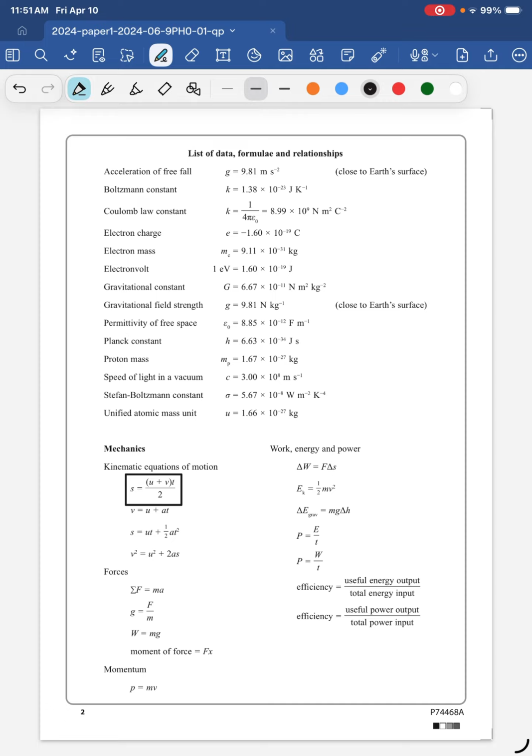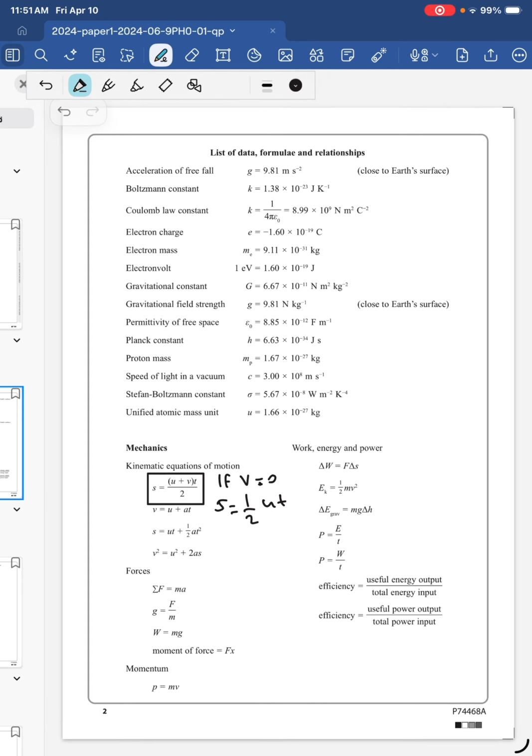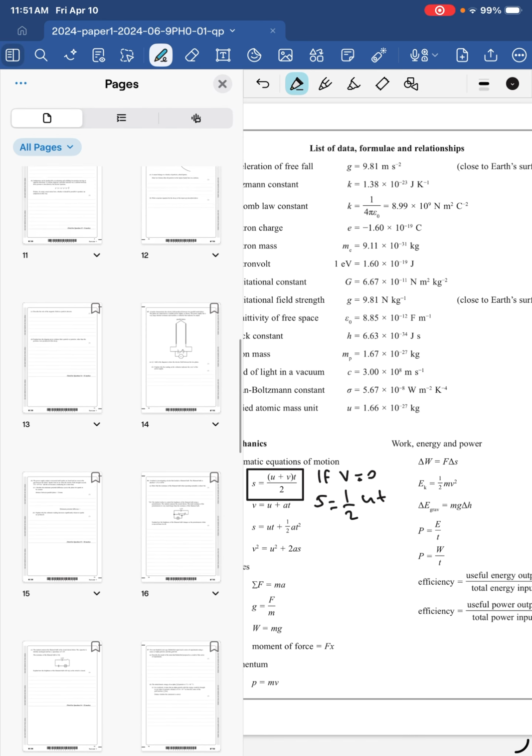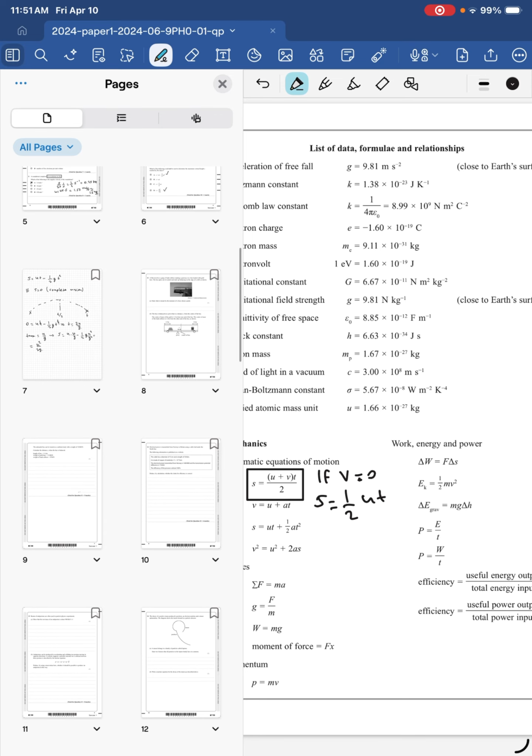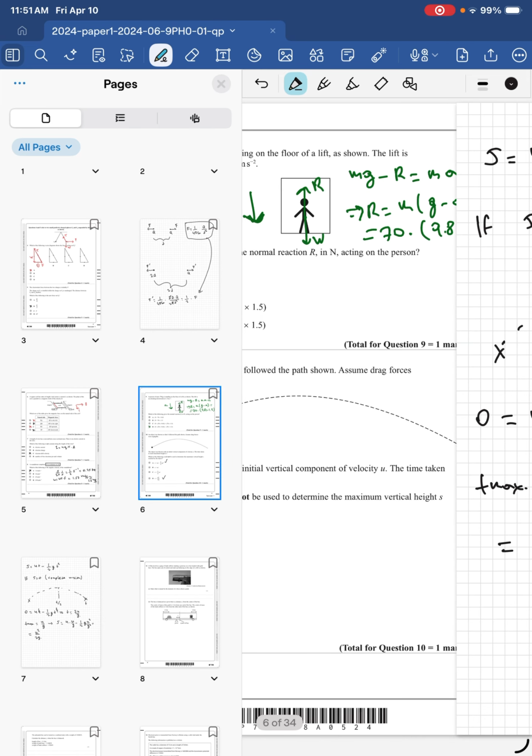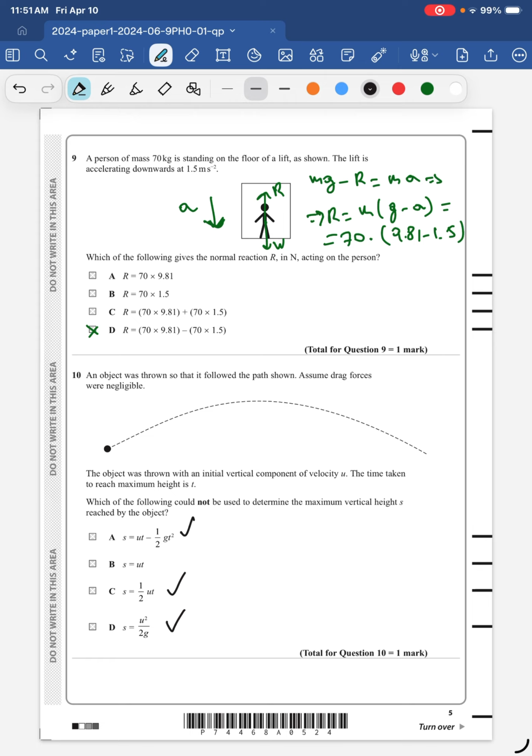And if we plug in the fact that the final velocity is 0, so if v is 0, then s is 1/2 ut, right? And v, the final vertical velocity, is 0 once it hits the ground, right? So that's a valid equation we can use actually. Okay, I hope this is not too confusing. So let's go back. Therefore, C is also a valid equation.